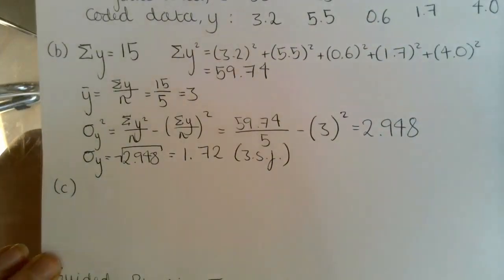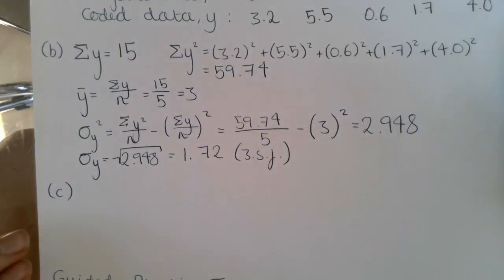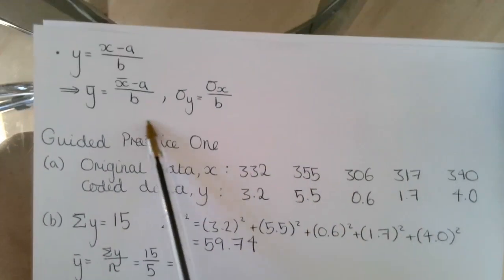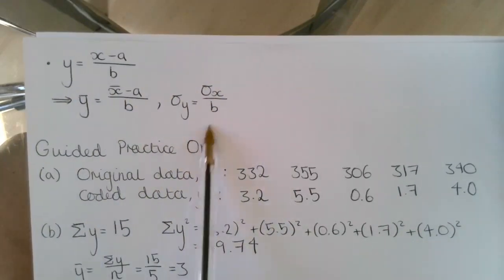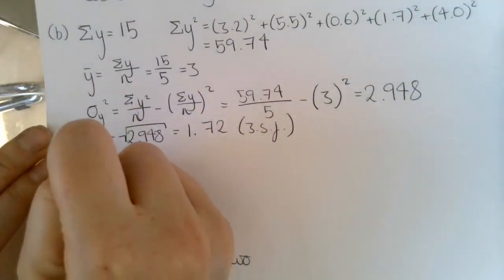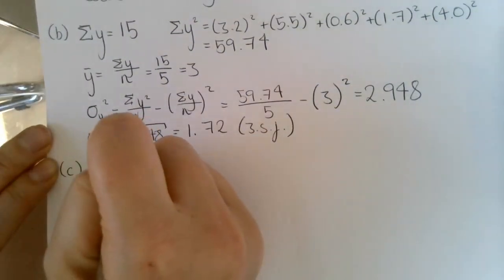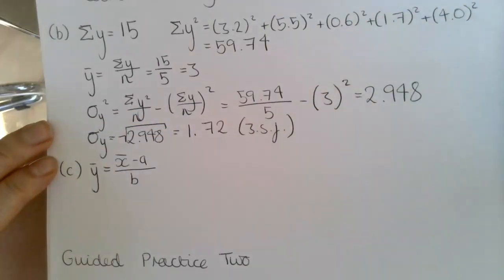For part C of our question, it says, use your answer to part B to calculate the mean and standard deviation of the original data. So we're going to use our coded formulas. So for y bar, we get that y bar is equal to (x bar minus a) over b.